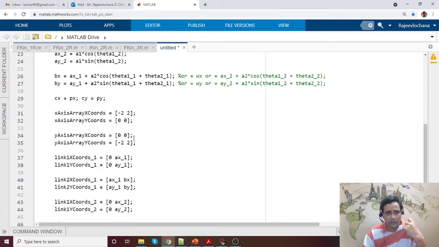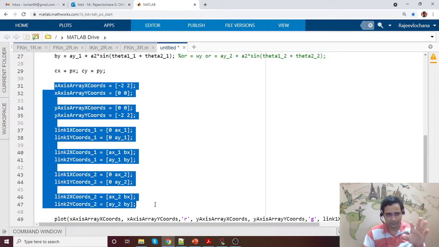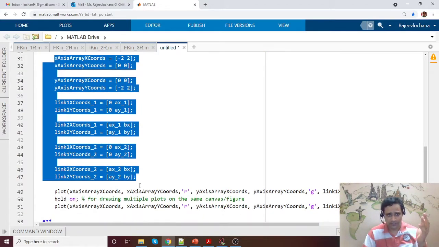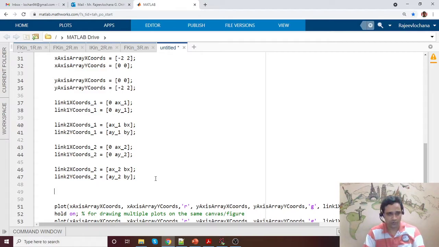Okay, now these are the inverse kinematics, or the links that are shown for the link 1 and link 2. Sorry, now link 3, bx, yeah, bx is there. Now link 3 will be same irrespective of which one you choose.